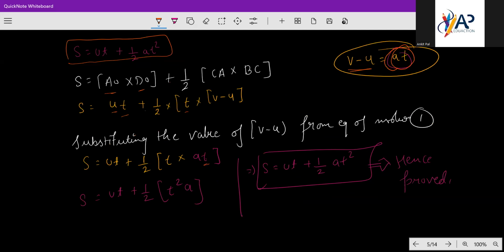So at with t is a t square. Yes or no? Yes. And now the equation is proved.